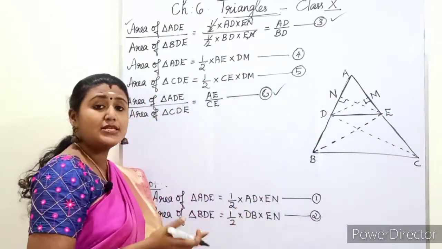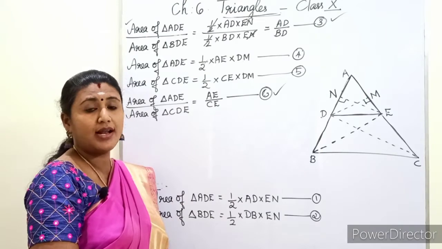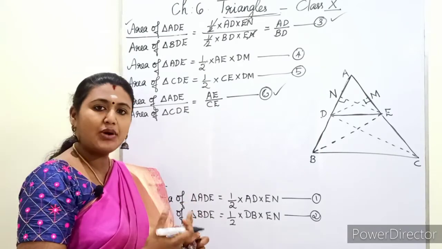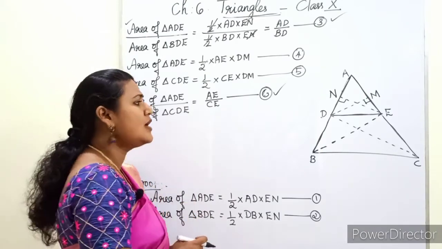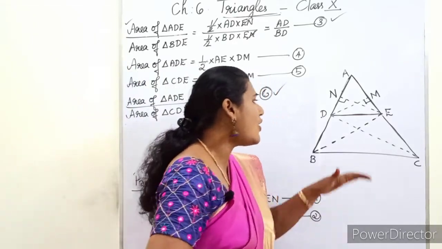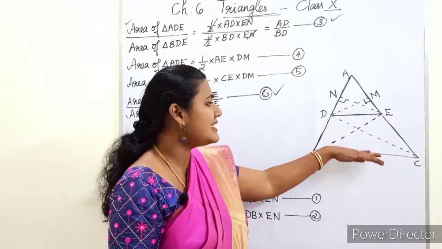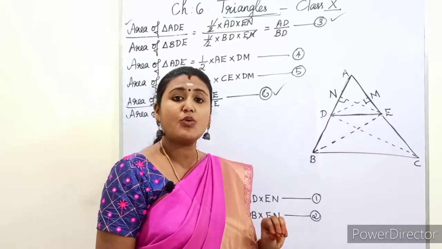Okay. So can we say these two triangles' areas are equal? Yes, they are equal, because you have already studied in class 9 that triangles which lie on the same base and between the same parallels have equal area.